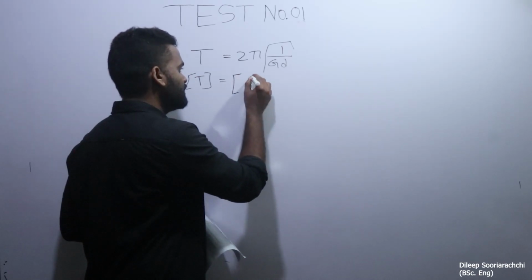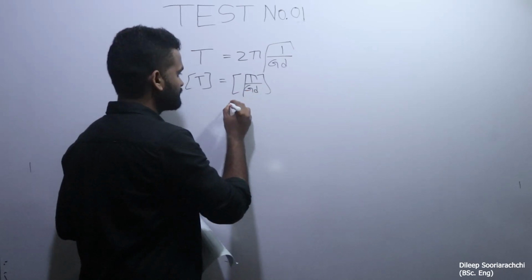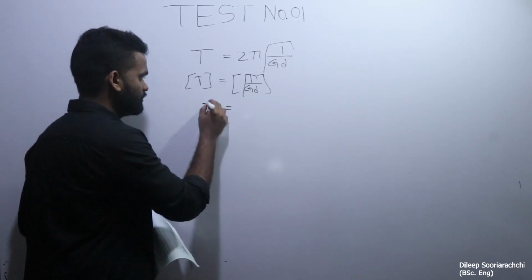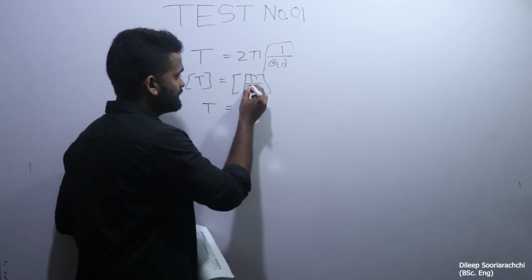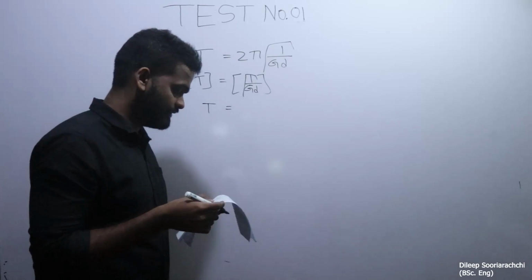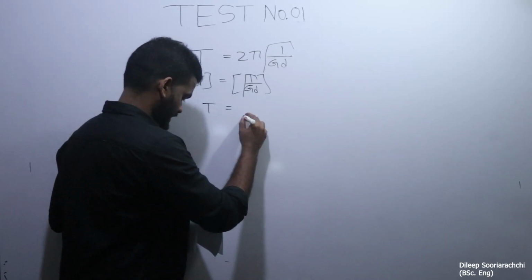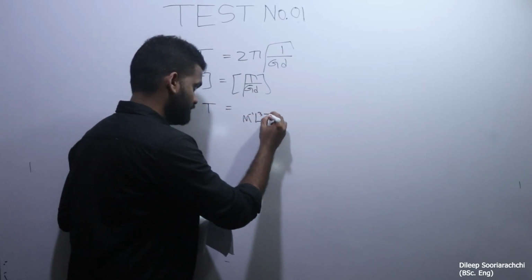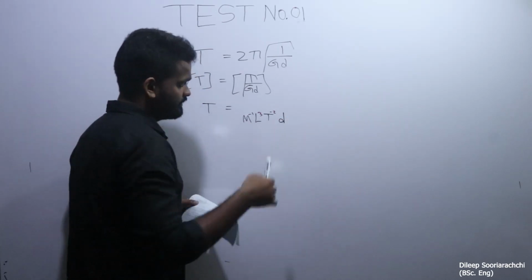Then the dimensions of the root of 1 over g d. For the time period, the dimension is capital T. Then the dimensions of G are given here. You just have to substitute those. So that's going to be M minus 1 L cubed T minus 2. Then this is just d.